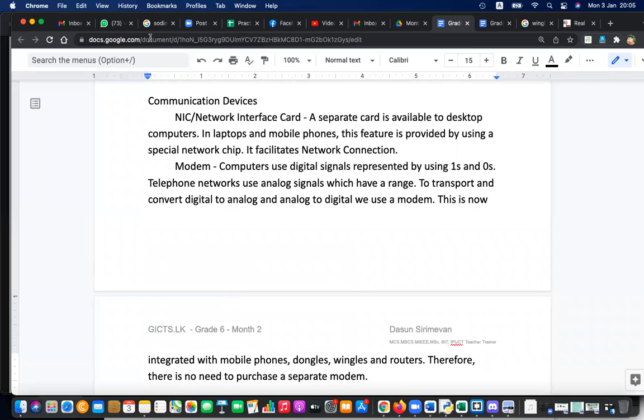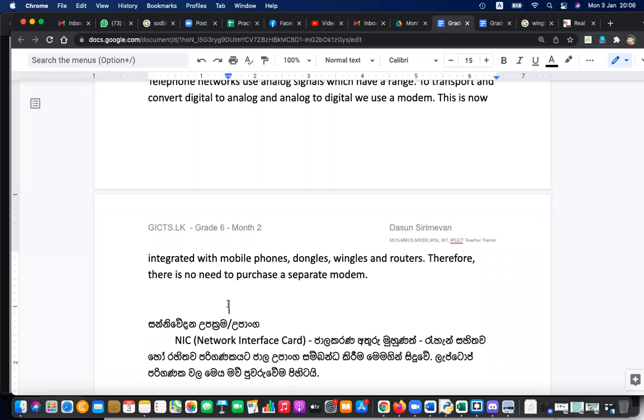Okay, please write down this. Then I'll explain about the router, but before that, please write down this. Router. The last part is router.